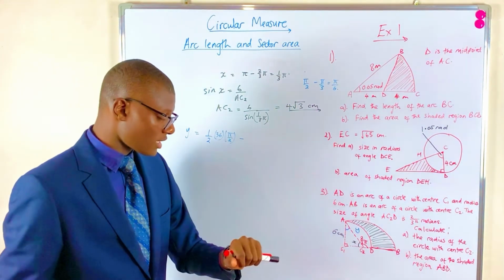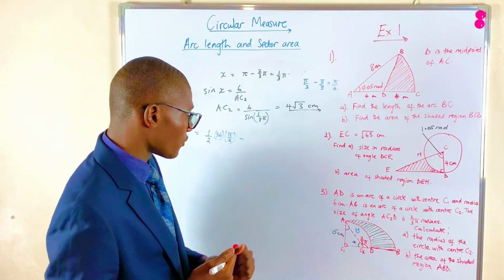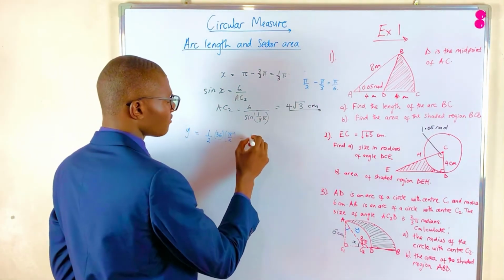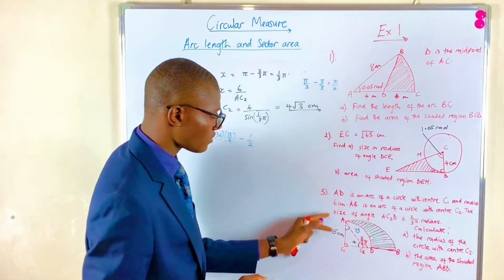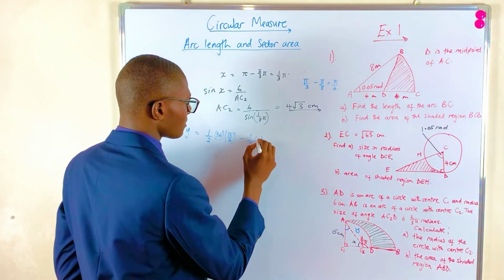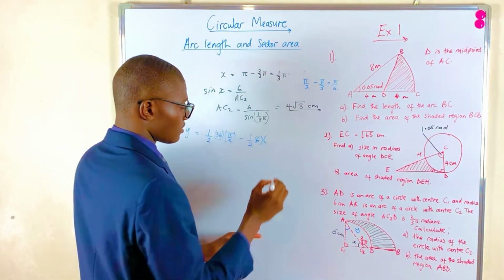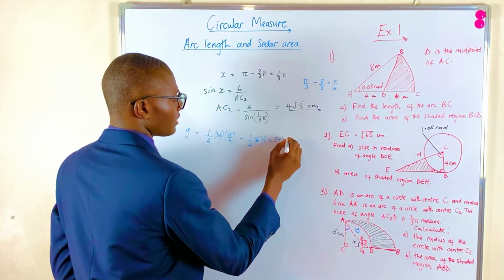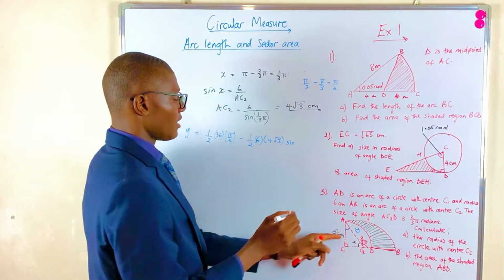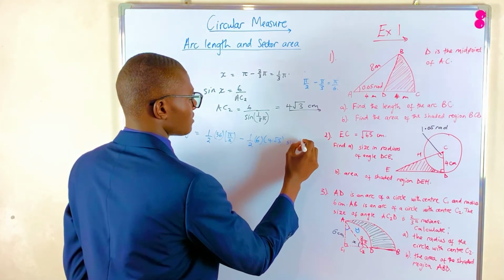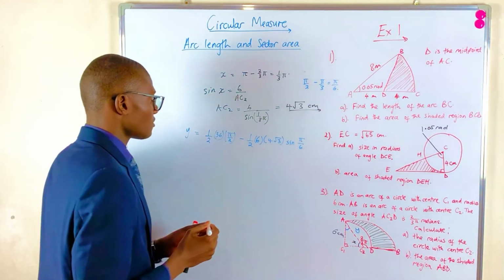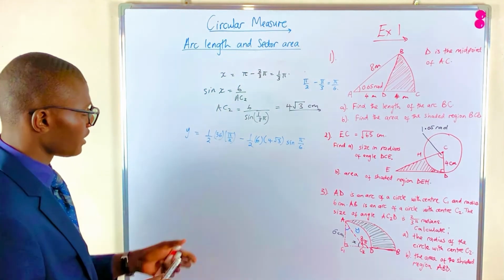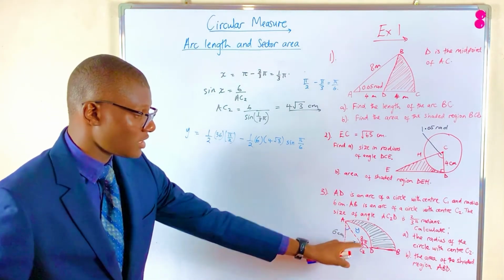So we can use the area of a triangle rule, which says half AB, so you know the side 6 centimeters, and the other side you calculated as 4 root 3, times sine C, the angle there being pi over 6, like this.